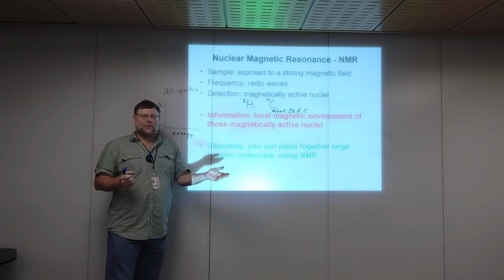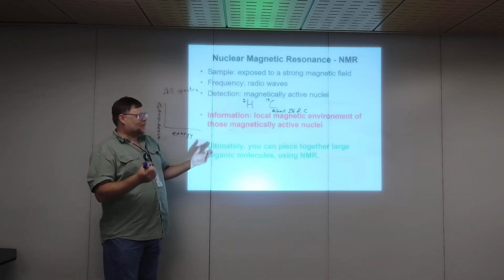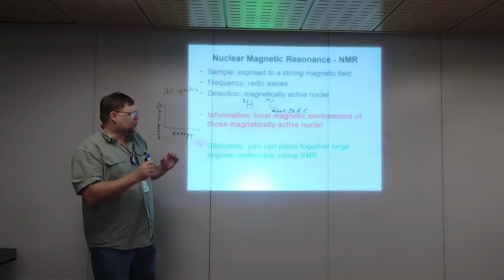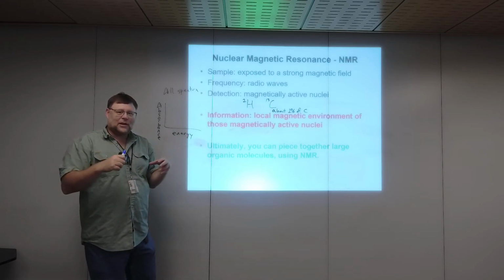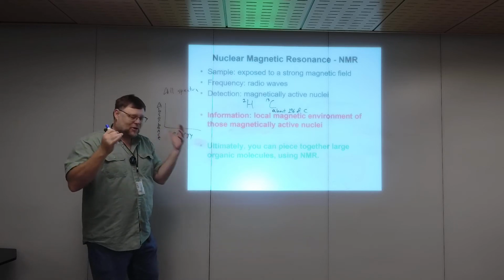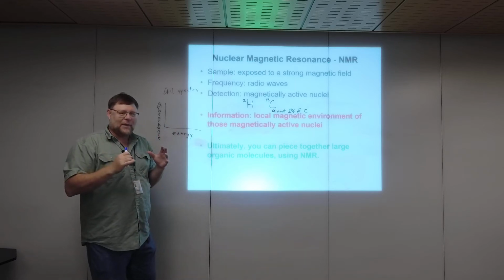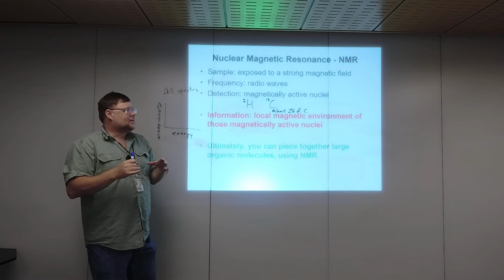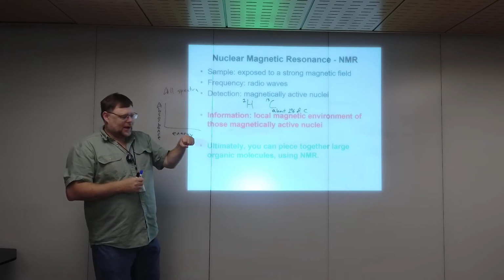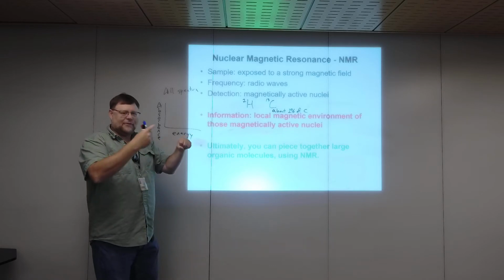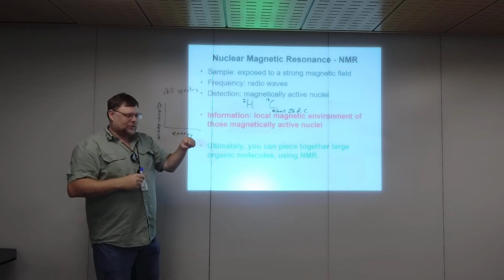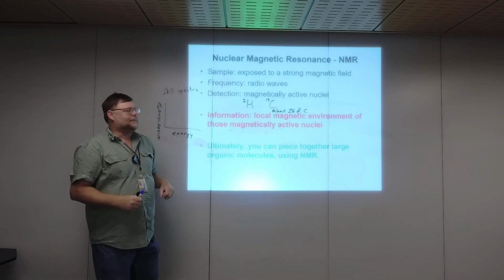It'd be like, oh, you got protons. Well, we knew that. You got carbons. Well, we knew that. So depending on the atoms around it, remember, atoms and bonds are electrons. You've got all this electronic stuff going around this little magnet that affects the magnetic environment of the nucleus, right? If I'm a proton and I've got a chlorine here, I'm in a different electronic environment than if I'm a proton and I've got a nitrogen here, right?